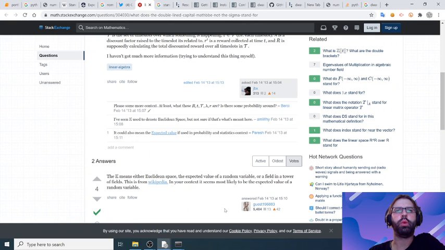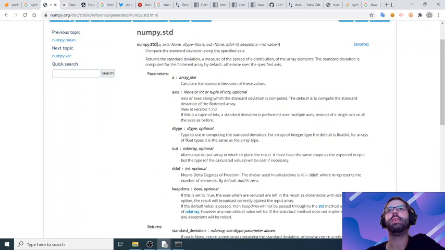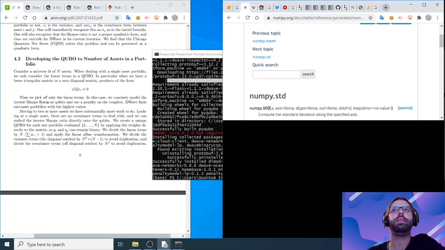Euclidean space, definitely not. The expected value of a random variable or a field in a tower of fields. This is from Wikipedia. It's probably expected value, as I said.